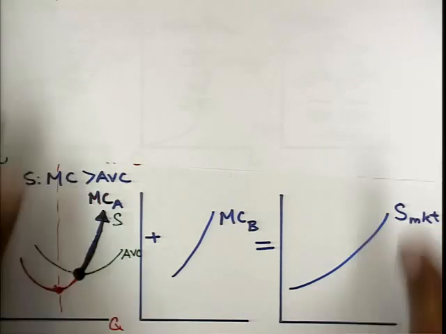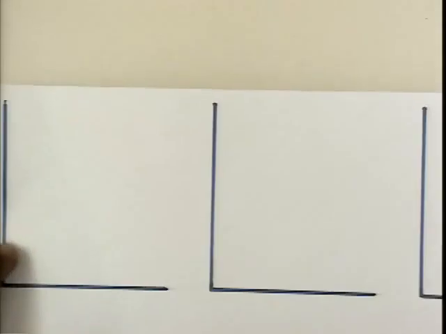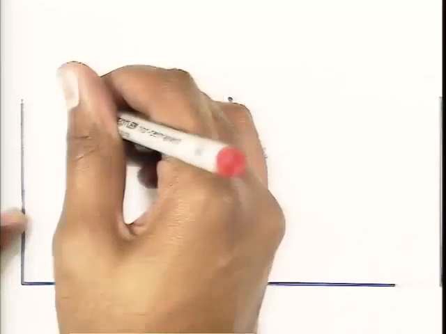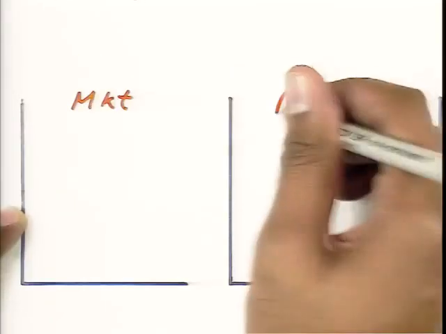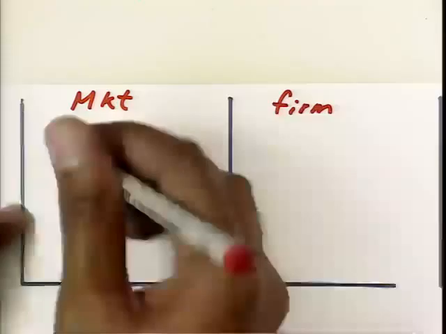And then finally, we bring the demand and the supply together in what we call the different market structures. We looked at 4 market structures in total. The most basic is perfect competition, where the market and the firm are distinct from each other.